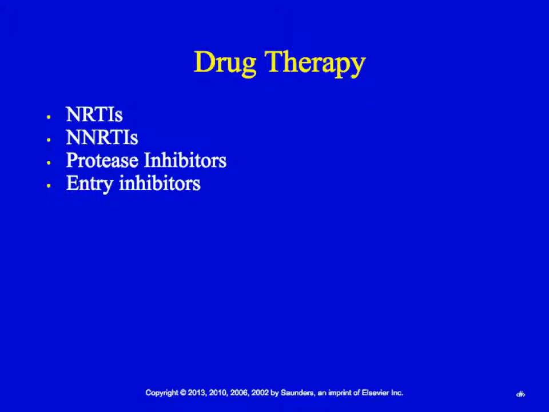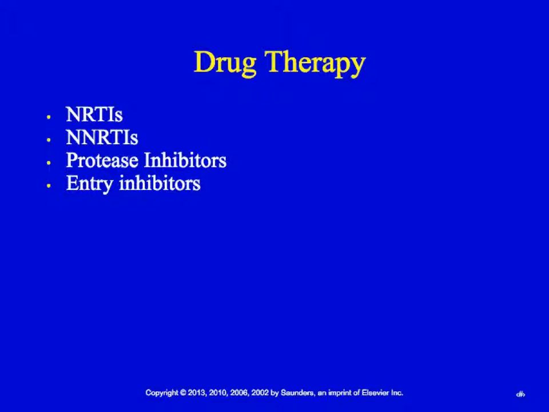As I said before, they will be put on multiple forms of the drug. So they might be on a protease inhibitor, the early inhibitors. They might be on a group of these or a cocktail of these. And the reason they do that is because they want to hit that virus in multiple places so that it cannot replicate.